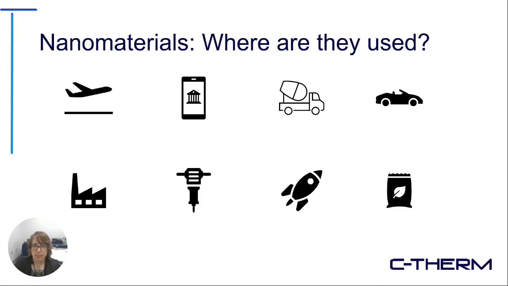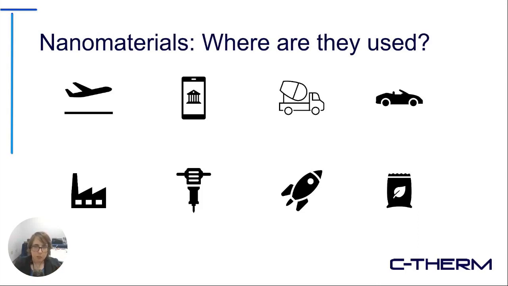We'll be focusing mainly on the thermal management nanocomposites out there for the simple reason that that's the application that's relevant to the content that we wanted to present today.